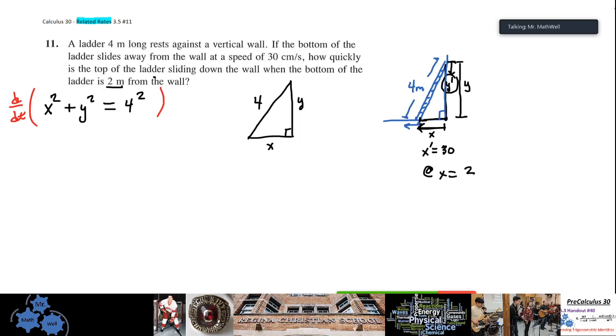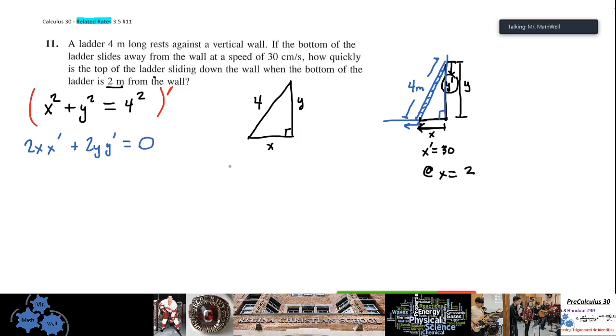Now I like using Leibniz notation, so that's just simpler for what I normally use. Let's take the derivative of everything here. That turns out to be 2x times x prime plus 2y times y prime equals, what's the derivative of 16? Well, that's just 0, isn't it?